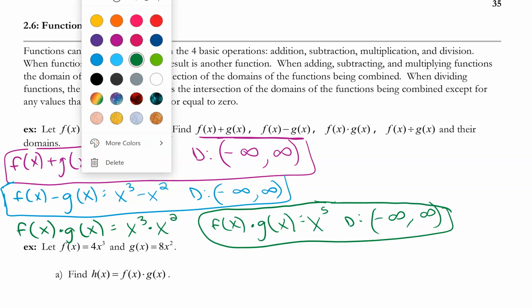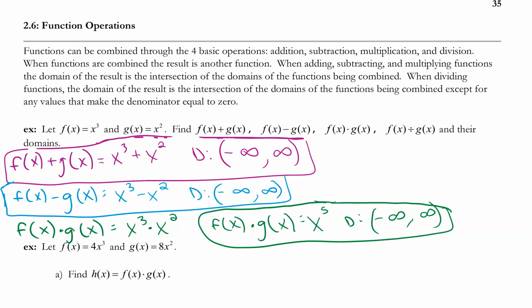The last one I need to do is division. F of x divided by g of x. My pen is not being great. Okay, f of x is x cubed over x squared. This reduces to just x. When you divide the same base, you subtract the powers.